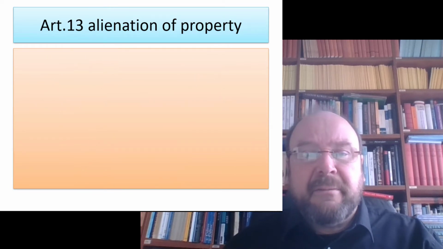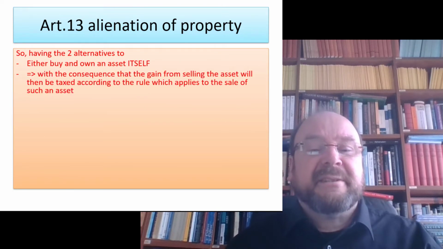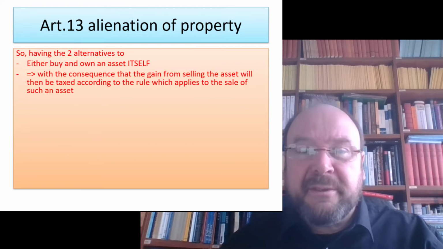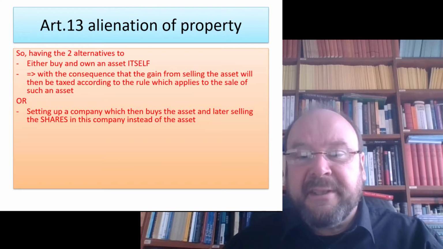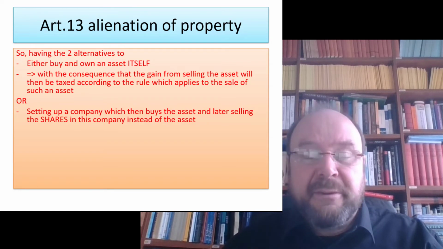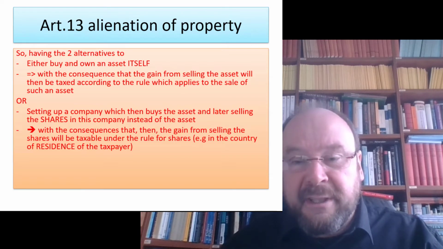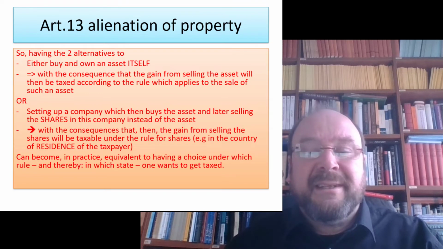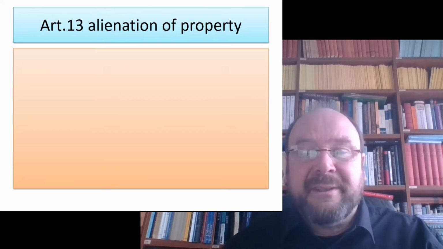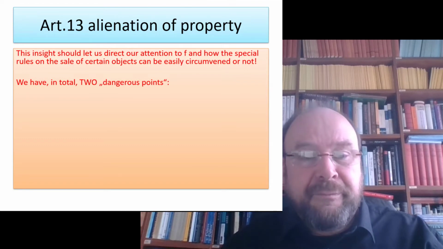And naturally, having these two alternatives, either to buy or own an asset itself, with the consequence that the gain will be taxed according to the special rule, or setting up a company which then buys the asset and later selling the shares, with the consequence that you pay the taxes from the gain at home in your residence country, that can give you a choice, and that could be treated or regarded as a kind of an abuse.